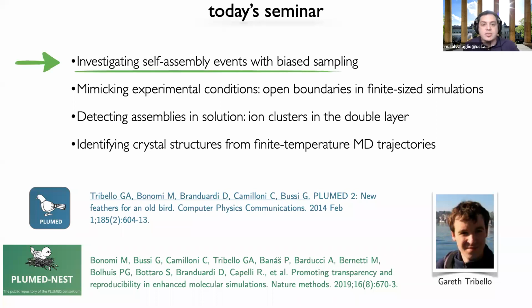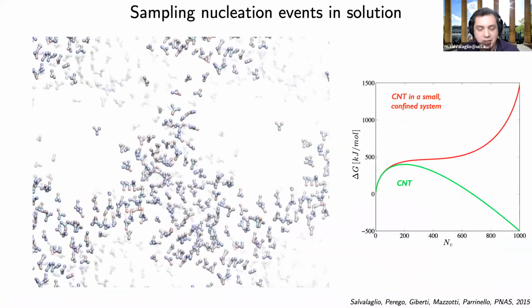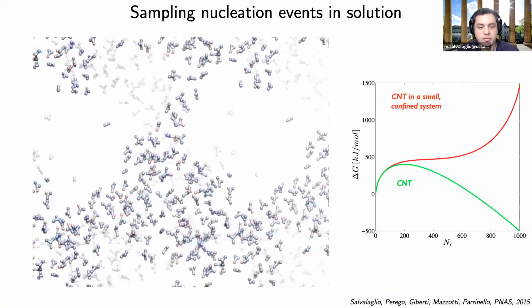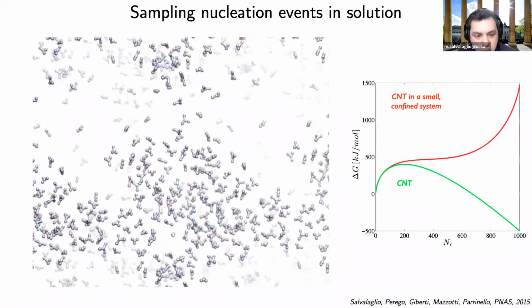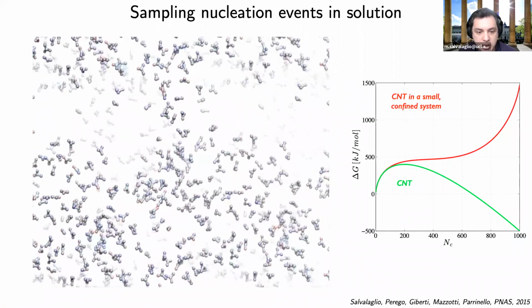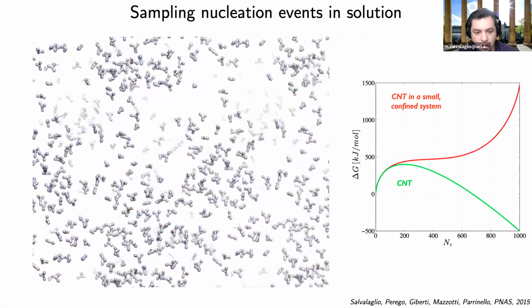Investigating self-assembly events with bias sampling is the aspect in which PLUMED plays a role that is probably the most familiar for people that have been using enhanced sampling simulations or bias sampling in some form.